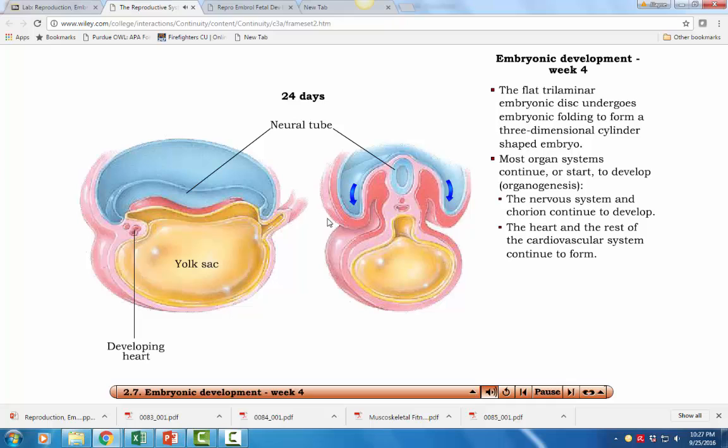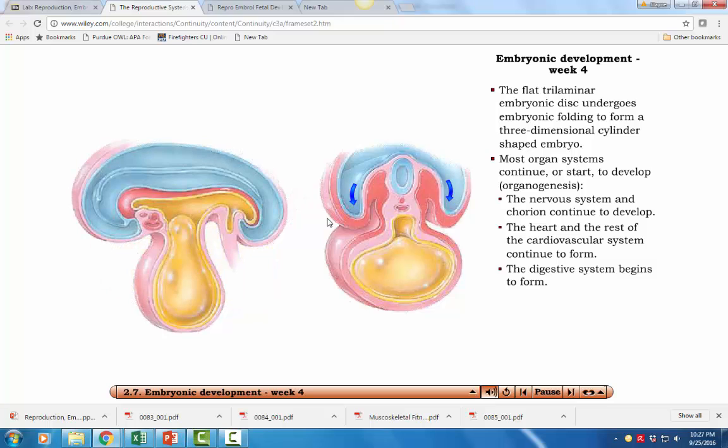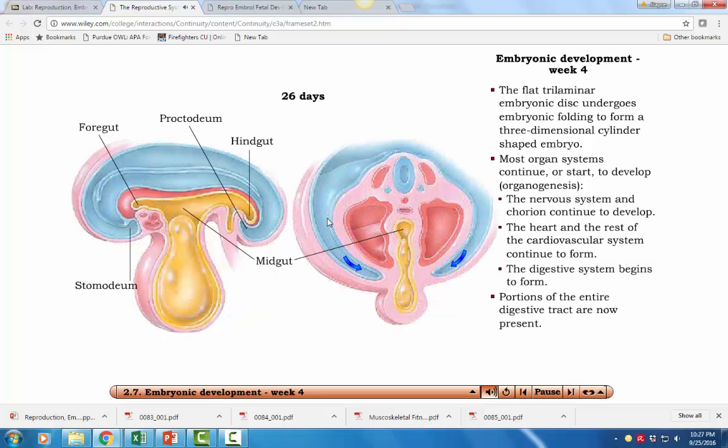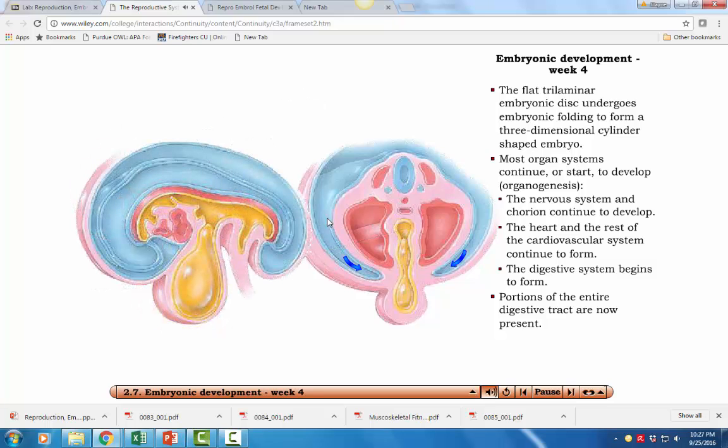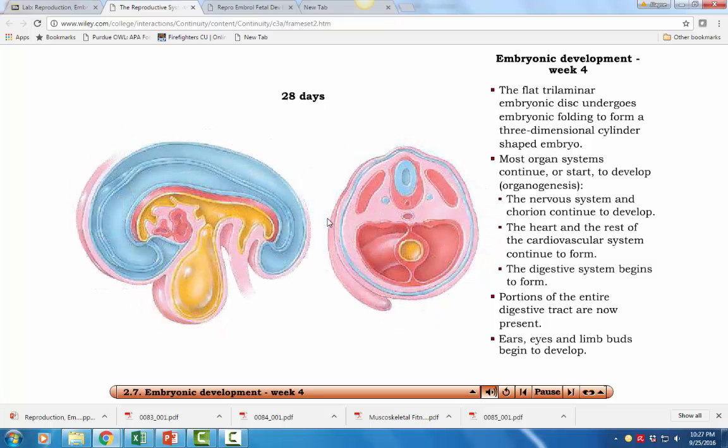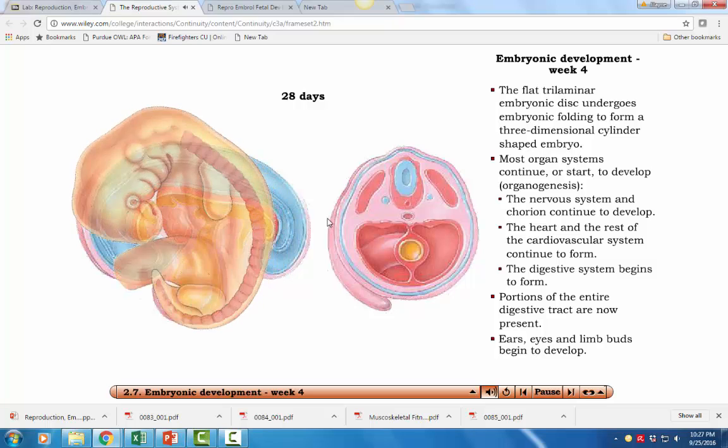The heart and the rest of the cardiovascular system continue to form. The digestive system begins to form. Portions of the entire digestive tract are now present. Ears, eyes, and limb buds begin to develop.